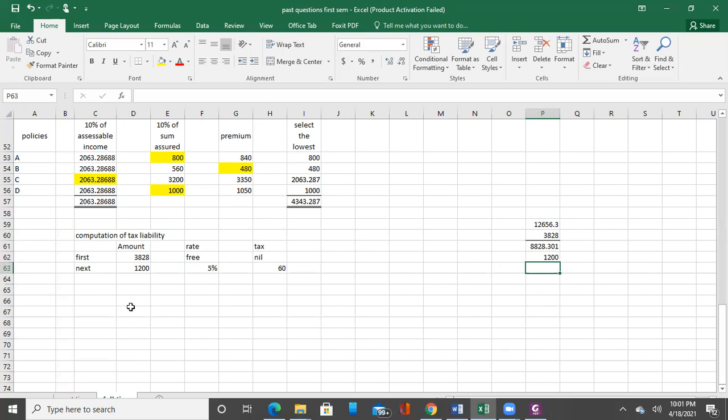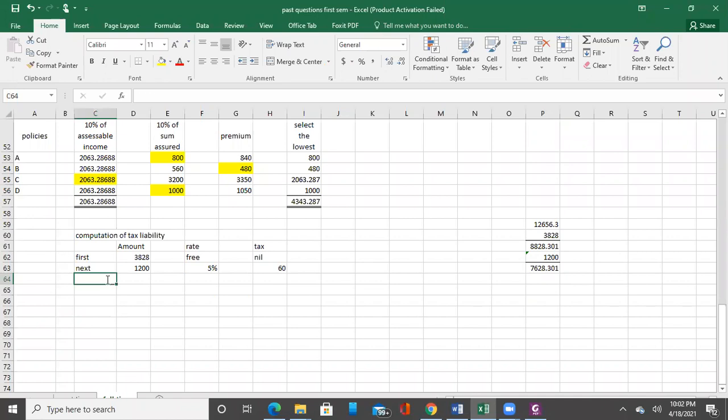If the money will reach and it will be over, then 1,200 from here should also remain a balance of 7628.